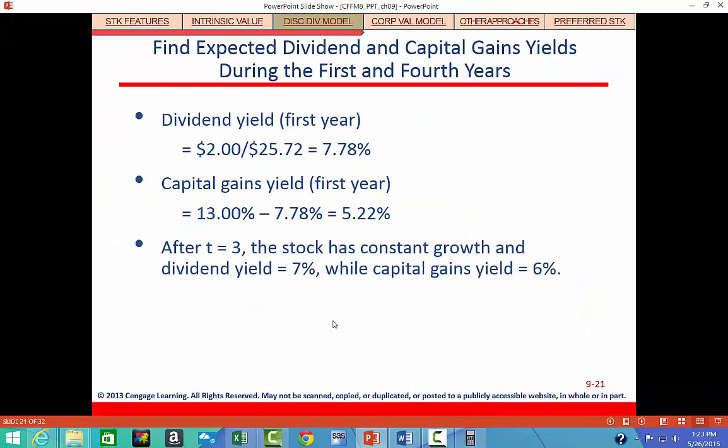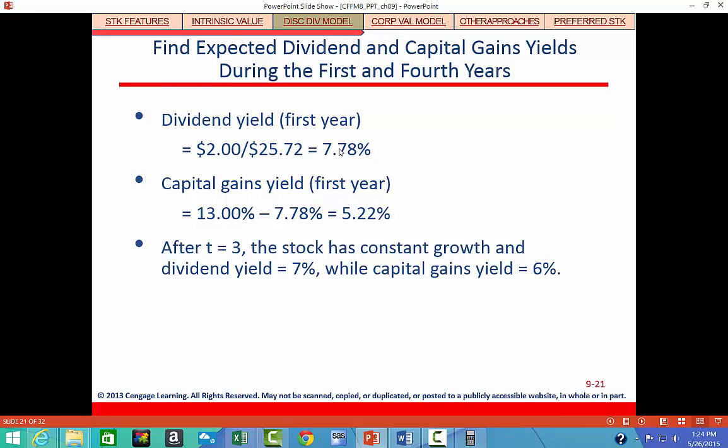So now we could look at the capital gains and dividend yields during the first and fourth years for this problem that we just did. The dividend yield was $2 divided by the price, so 7.78. And the capital gains yield, if we subtract 7.78 from the required return of 13%, we get 5.22%.